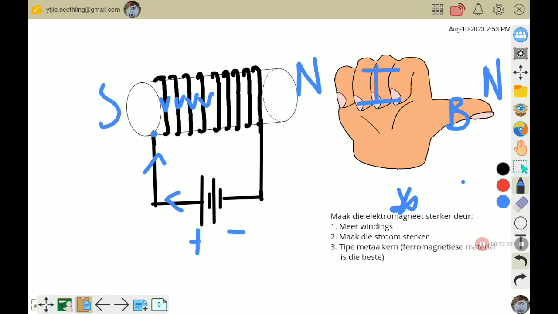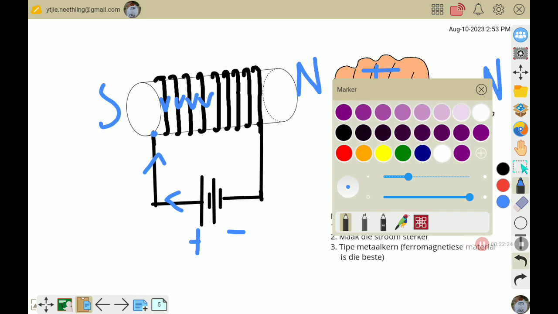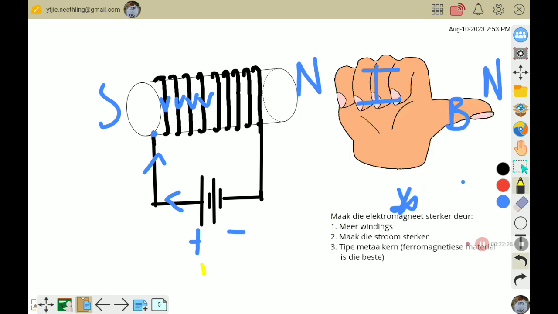If the battery was the other way around, so that side and that side, you would have seen that the conventional current would have pointed to the back side, making this side north and this one south.